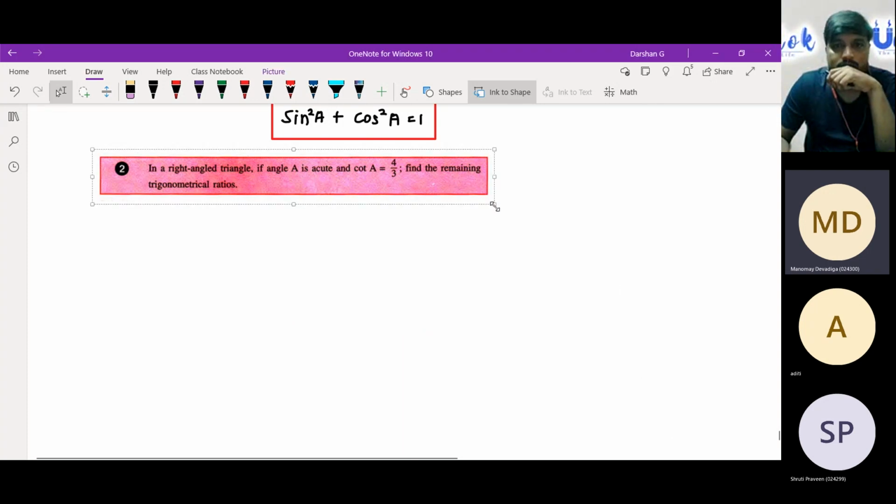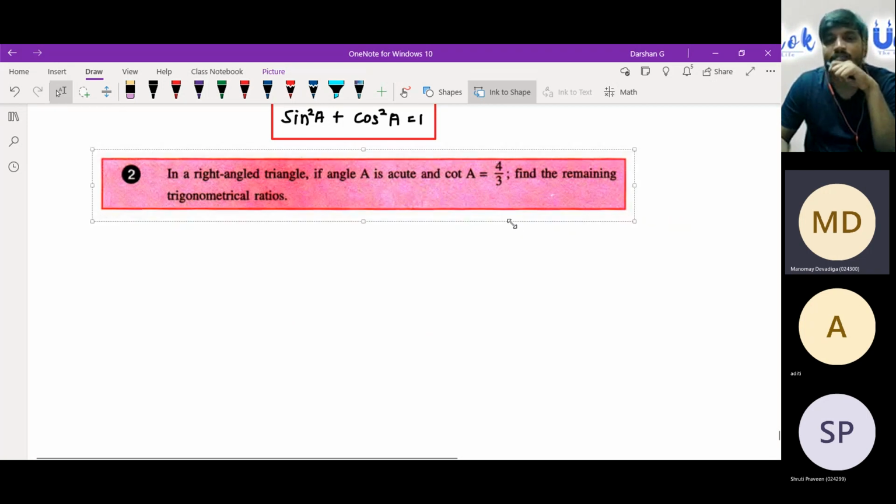So let's write this in a right angle triangle. If angle A is acute and cot A equals 4/3, find the remaining trigonometrical ratios.